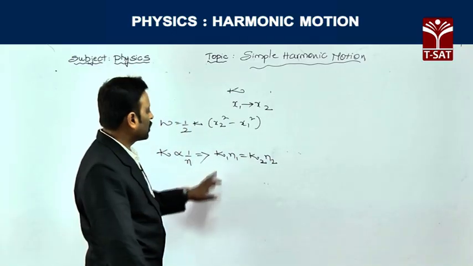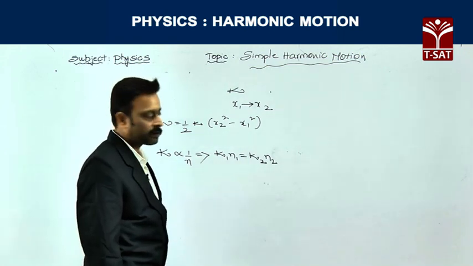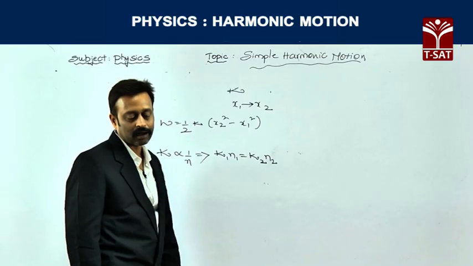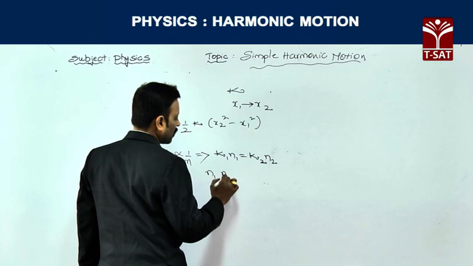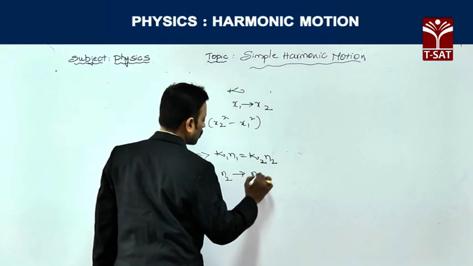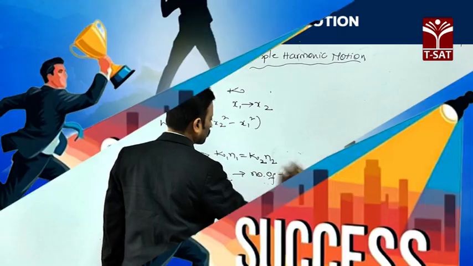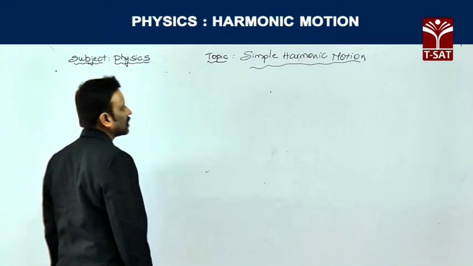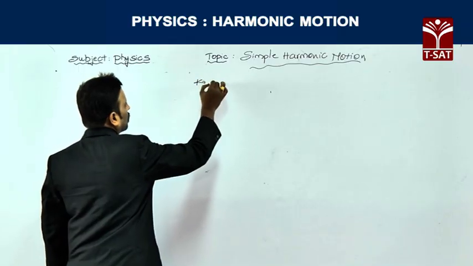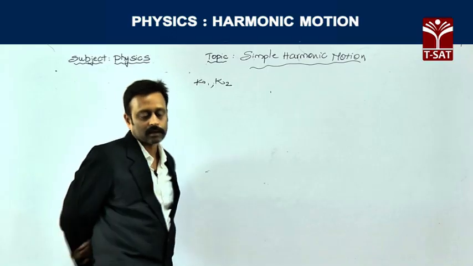Here k is the force constant or spring constant of both the springs, and n1 and n2 are the number of turns. Two springs having force constants k1 and k2 are connected in series.